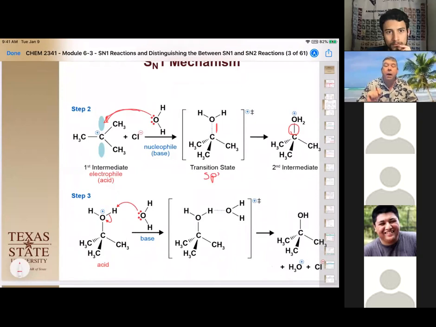We now have a positively charged intermediate right here. And then we have to wait for something to come and pull that proton away, something to act as a base and give us our electrons back to our oxygen. The hydrogen is transferred to the base using the base's electrons to give us our neutral final product.